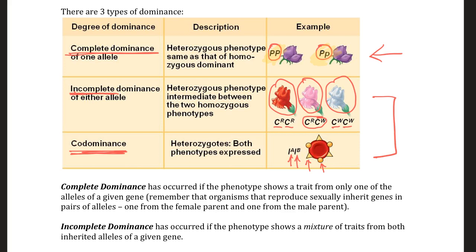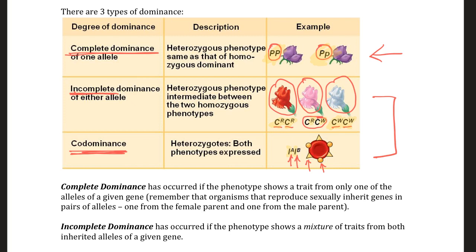But when it came to incomplete dominance, we used the same letter for both alleles, except we put a little superscript on top to indicate what variation it is. So the reason why we would use the same letter for both alleles is to show that they're both just as dominant, and to show they're both part of the same gene, just different variations. Now to show the variations, we have a superscript, R or W. Same thing with codominance.